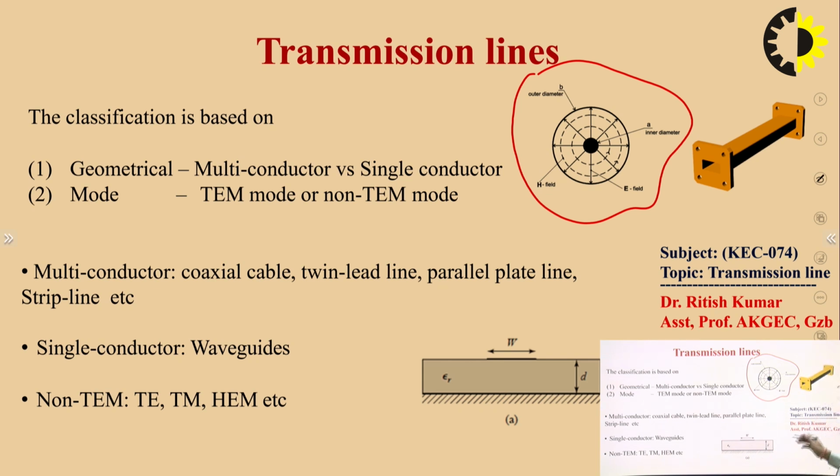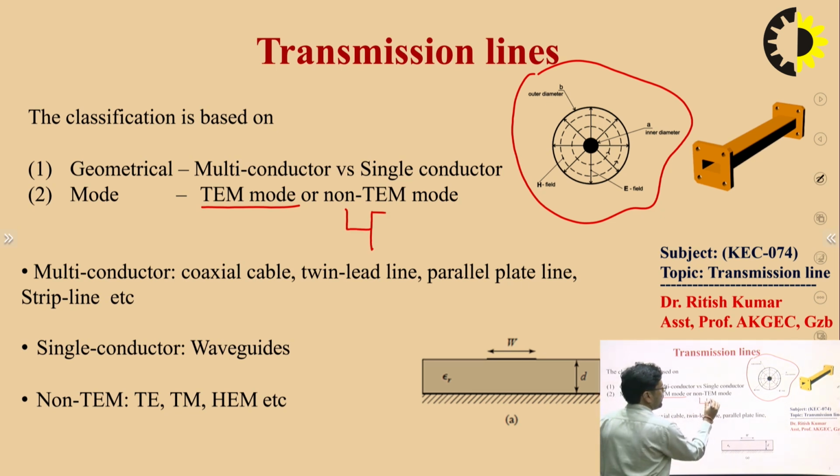But apart from this, we can categorize the transmission line based on the mode point of view. In mode point of view, we have TEM mode and non-TEM mode. So what is a TEM mode? TEM stands for transverse electric magnetic mode, while we have different kinds of non-TEM modes.